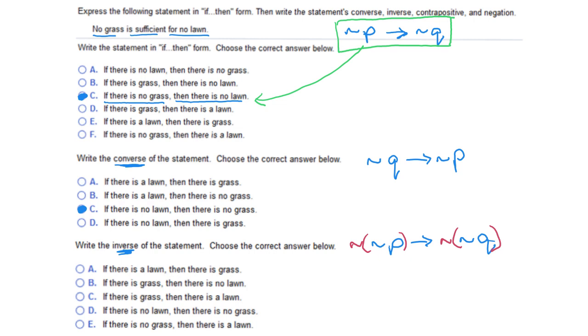And when we do our rewrite for this, the negation of a negated P is just P. And the negation of a negation of Q is just Q. So the statement we need to translate is if P, then Q. So the answer for this one is, if there is grass, then there is a lawn. And once again, that will be answer C. We'll move on to the next page to finish out with the contrapositive and the negation.